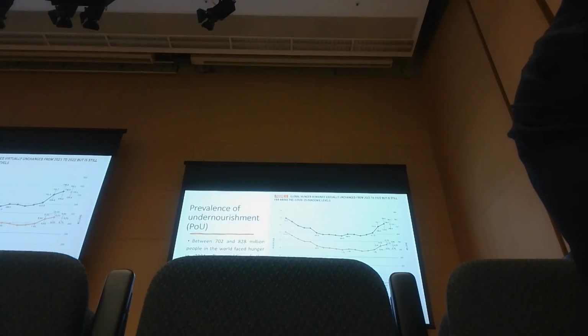So if you think about the target we have now, between 700 to 800 million people in the world still faced hunger in 2021. If you see the data over here, we actually have a nice decreasing trend from 2005 to about 2018.